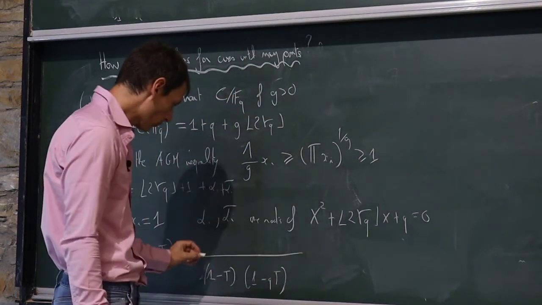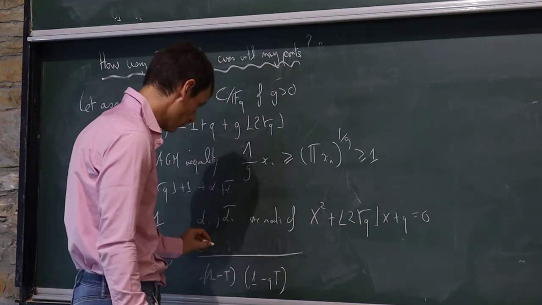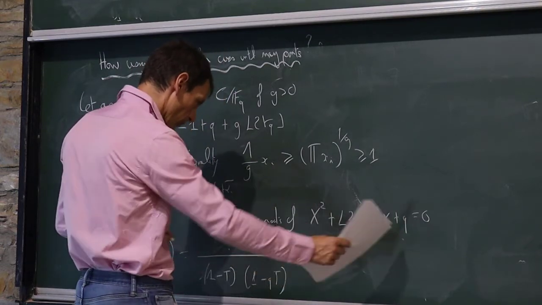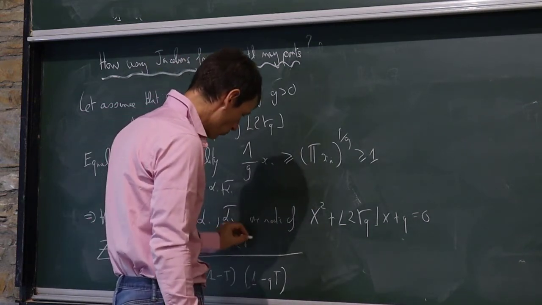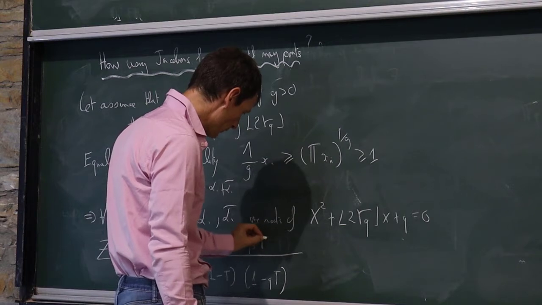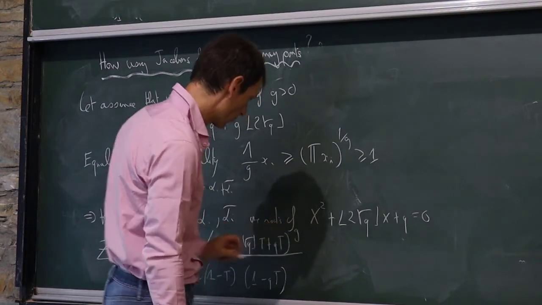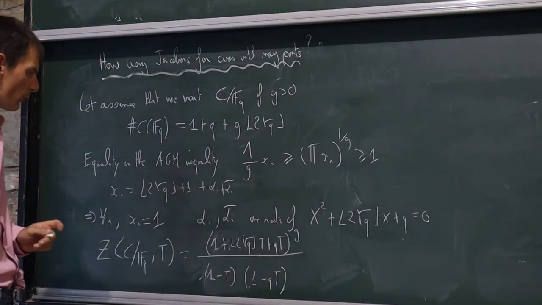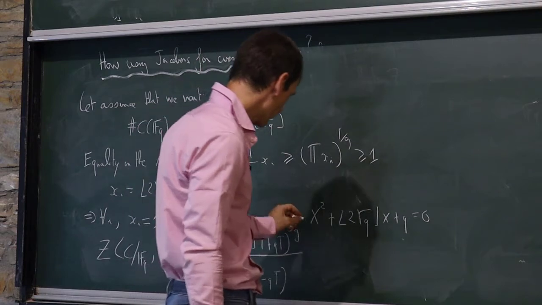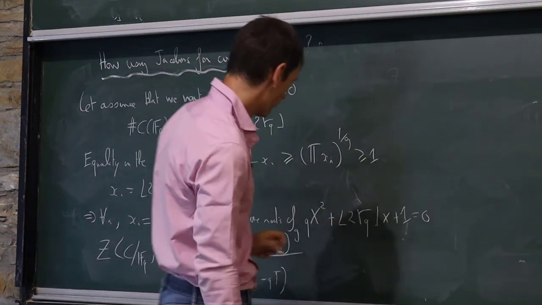And the numerator is just going to be this polynomial, well, it should be the polynomial 1 plus 2 square root of q t plus q t squared, to the power g, for each of the I I have here. And probably then, that's where I made a mistake. I should have also reversed it, so it's probably this also directly.